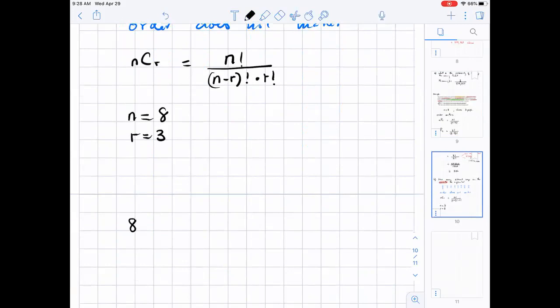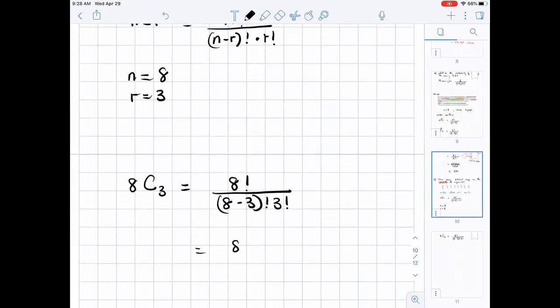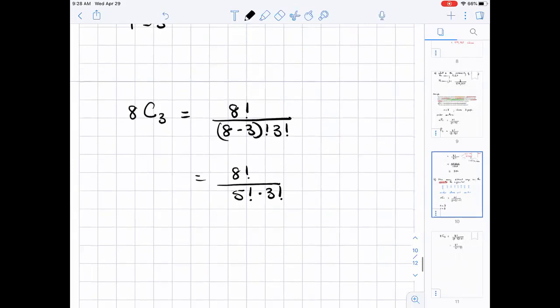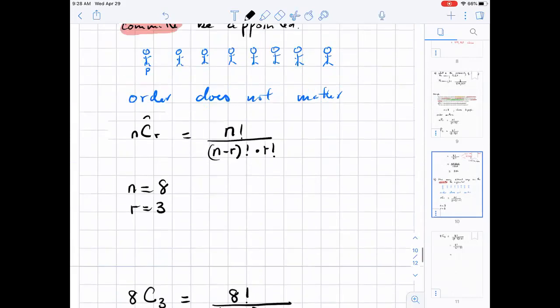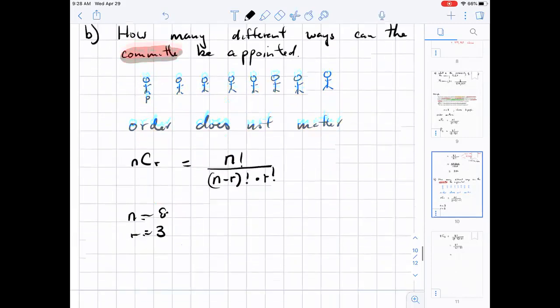So 8 choose 3 will be 8 factorial over 8 minus 3 factorial times 3 factorial, which is 8 factorial over 5 factorial times 3 factorial. And well, we knew from before 8 factorial over 5 factorial is 336.